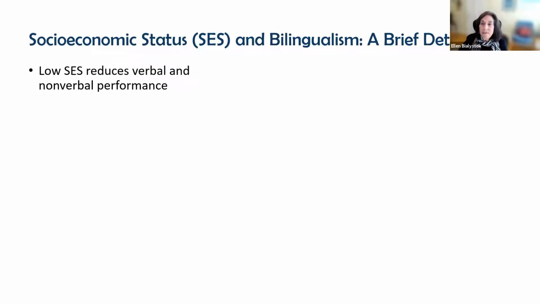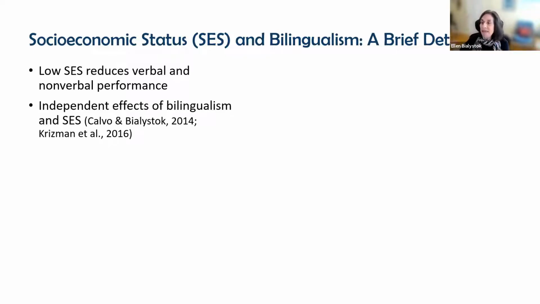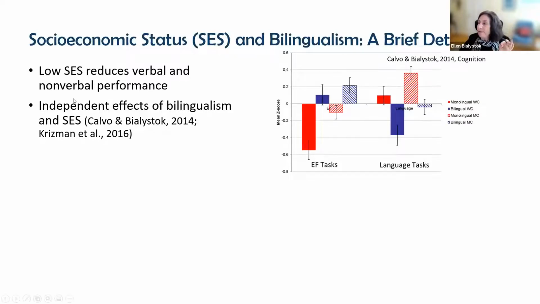And we see it in both verbal and nonverbal performance. There's a few studies that have looked independently at the effects of SES and the effects of bilingualism, because they often pull in different directions. So I'll just show you data from one of our studies, but there's other studies that have shown the same thing.